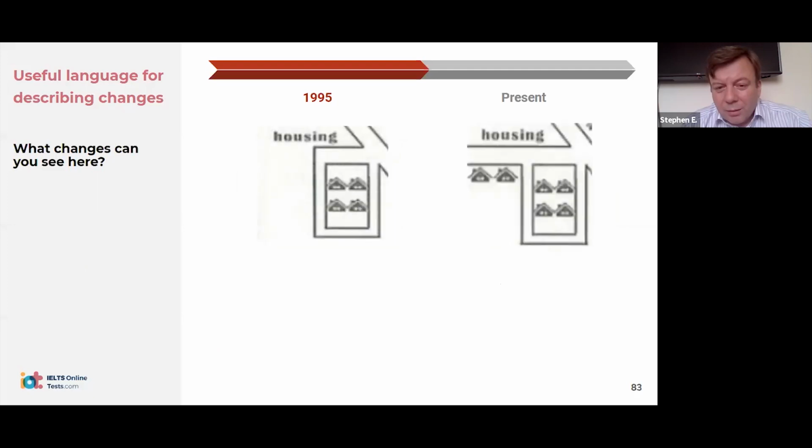So let's have a look at this one. So what changes can you see here? Okay. Michelle. Okay, let's have a look. The town council has, excuse me, something the housing.